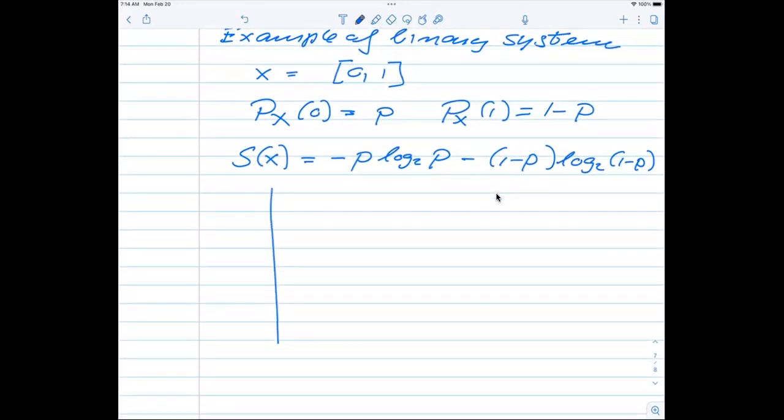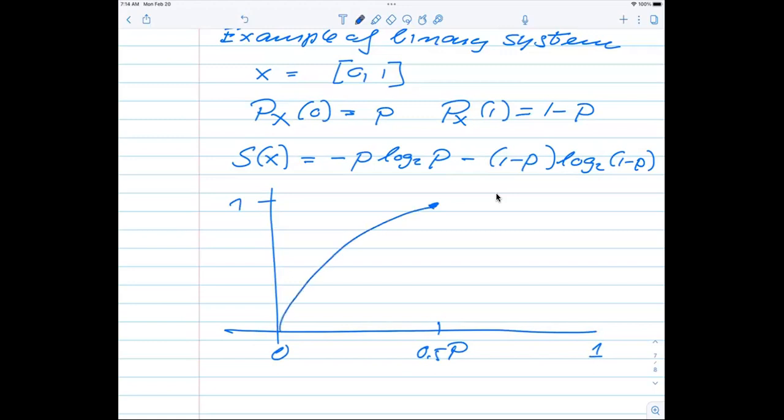You probably have seen this before. So we plot it as a function of P from 0 to 1. And then we have 1 here. And we see that when P is equal to half, that's when we have the maximum entropy. And it has this kind of bell shape.